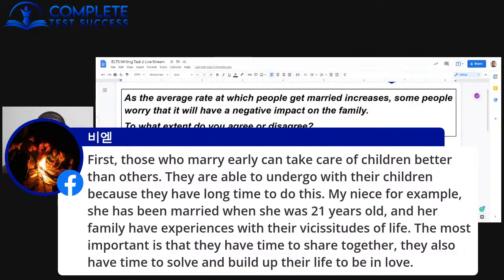"First, those who marry early can take care of children better than others." But say which others? The ones who get married when they're older. "They are able to undergo with their children." Undergo doesn't have any meaning in this context, Dominic. "Because they have long time to do this.